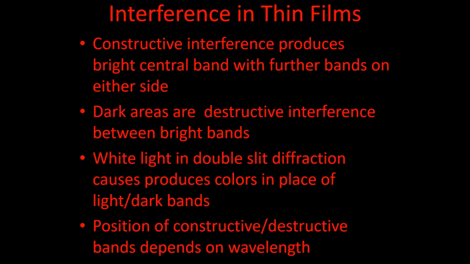So from thin films you can see constructive interference, and they'll give you the typical central band with further bands on either side. The dark areas again being destructive. White light, essentially in a double slit diffraction, will give you the same effect as looking at these different films.